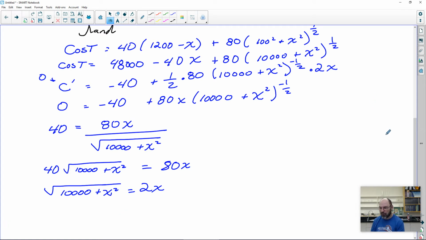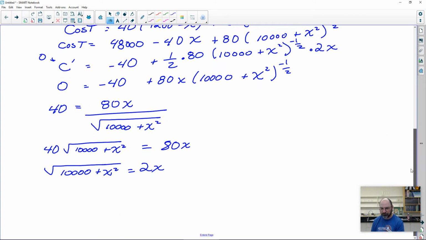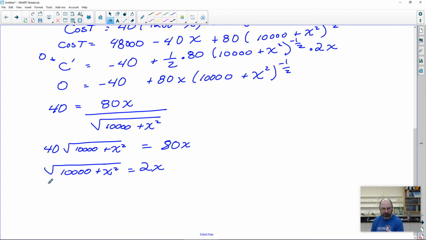Now, we square both sides to get rid of that root sign. So that eliminates that. So that gives us 10,000 plus x squared is equal to, what's 2x times 2x? That's 4x squared.